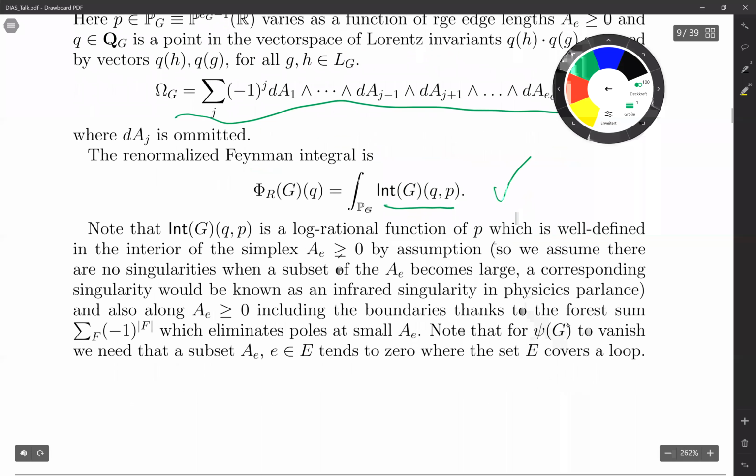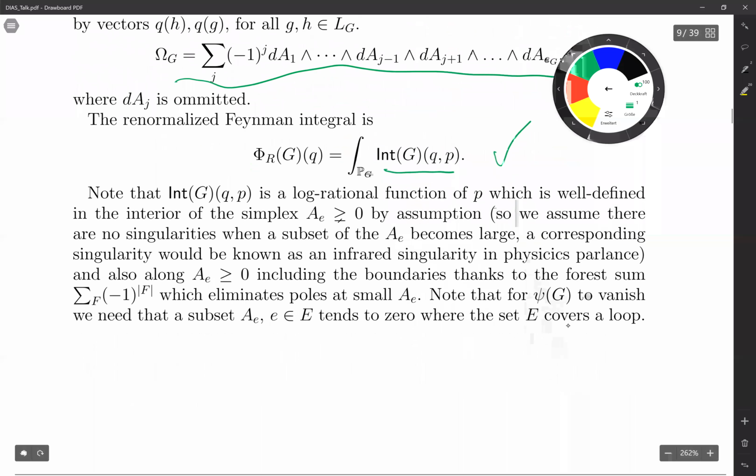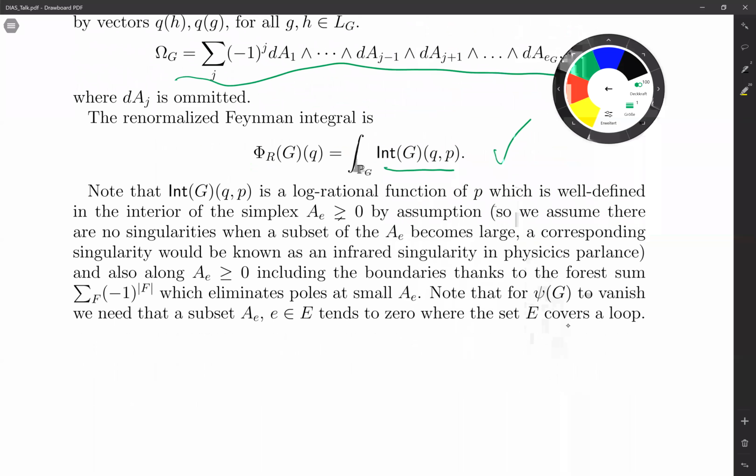You cannot have that all AEs vanish simultaneously, but some could vanish and approach a boundary of that simplex. But in the interior of that simplex, this is a completely well-defined form, and you basically inherit your monodromy because some interesting points of your form here touch precisely the boundary of the simplex.